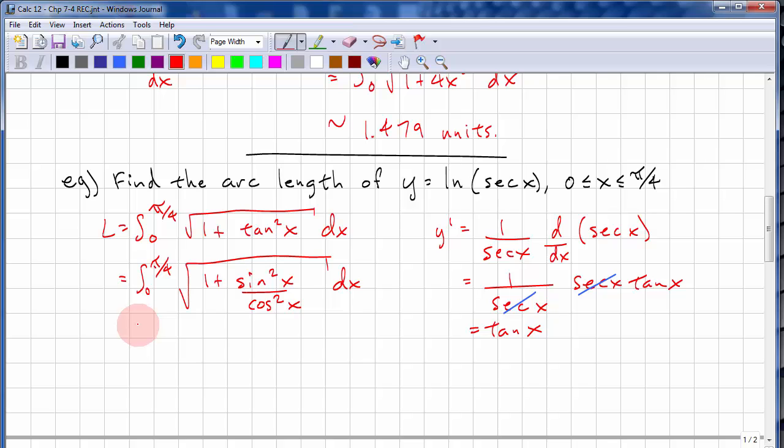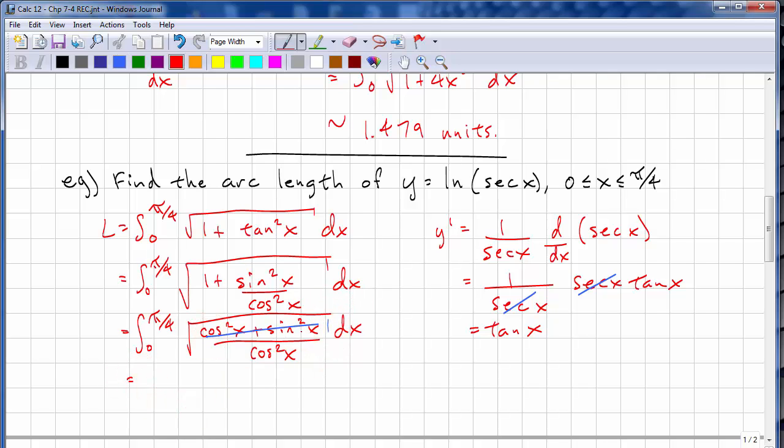Okay, we use the basic identity. We need a common denominator, cos squared x. And then we can simplify this with a 1.